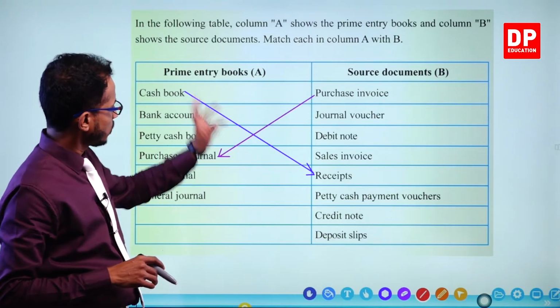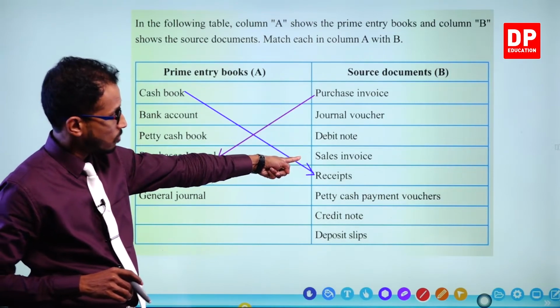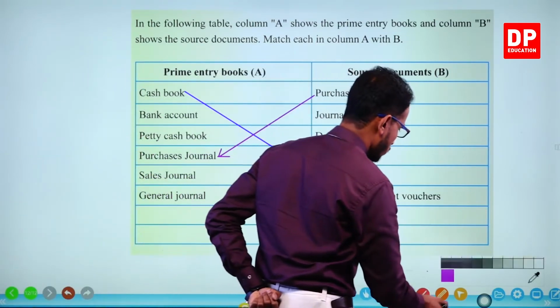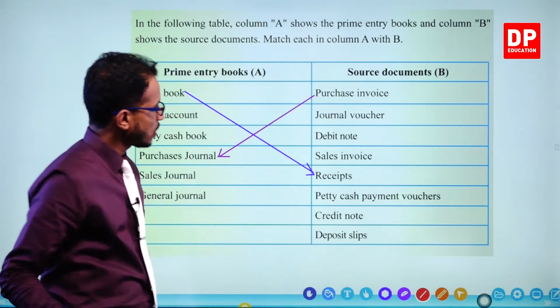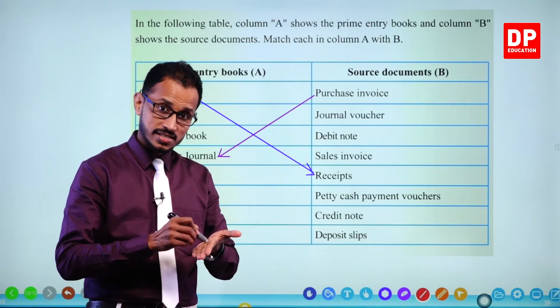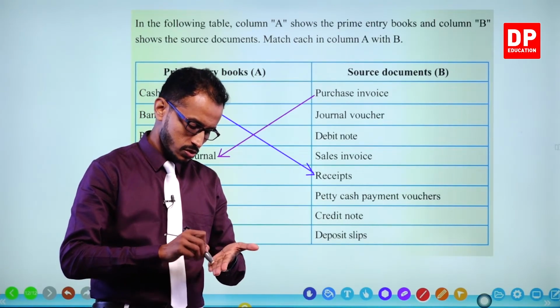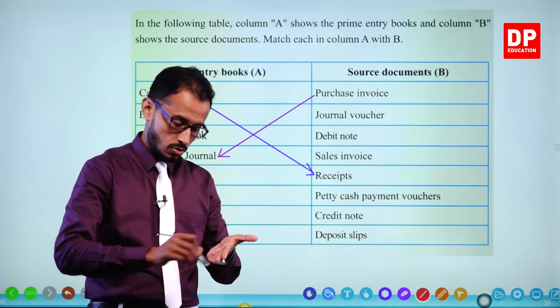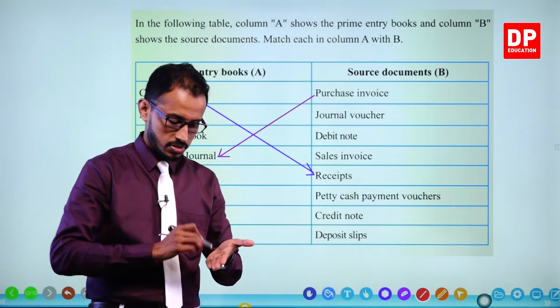Then we have something that we know again. Sales invoice. Sales invoices are issued mentioning all the goods sold, the total, the date, the customer's name and everything.